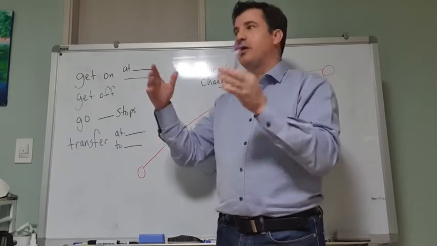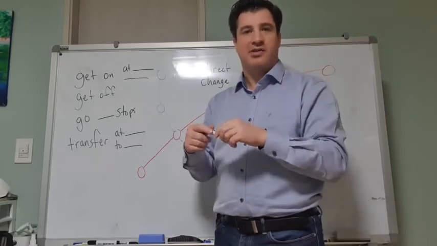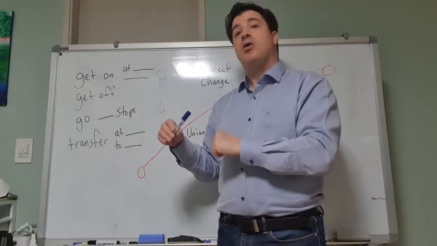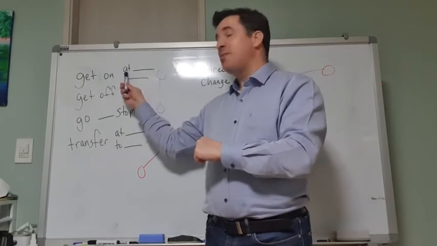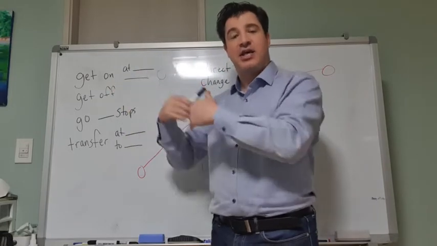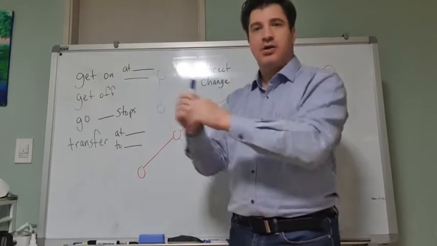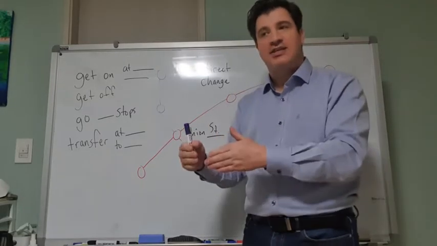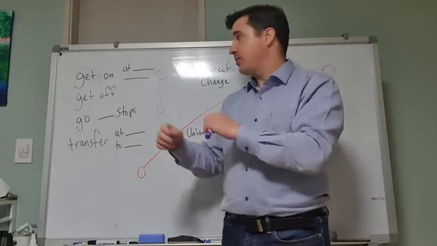Get on the M390 bus. Okay? Or, if you're talking about a place, you would refer to that as an at. Get on at Union Station. Get on at Campustown Station. Okay?